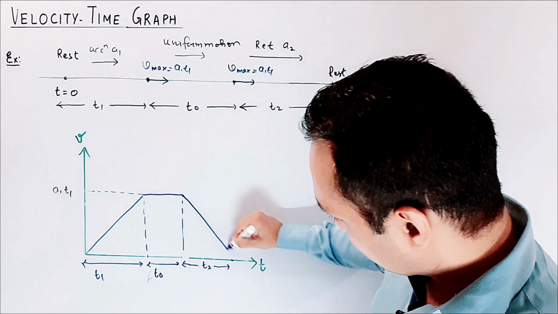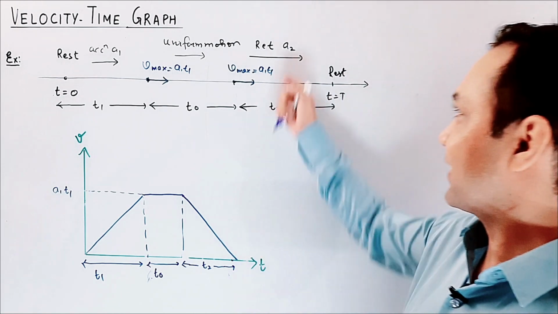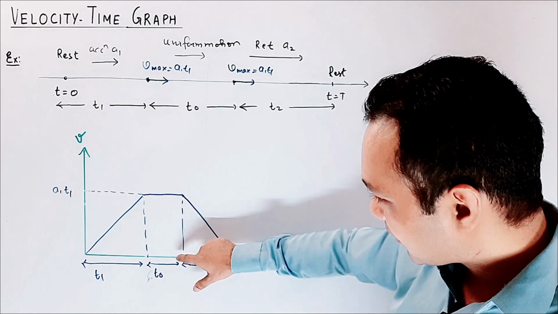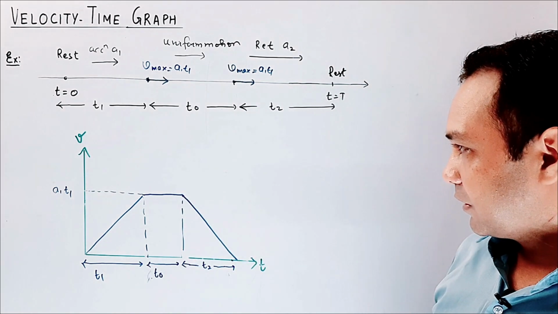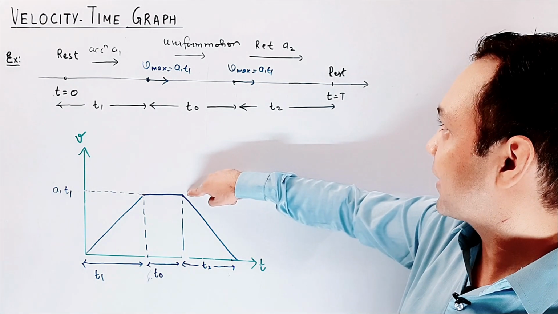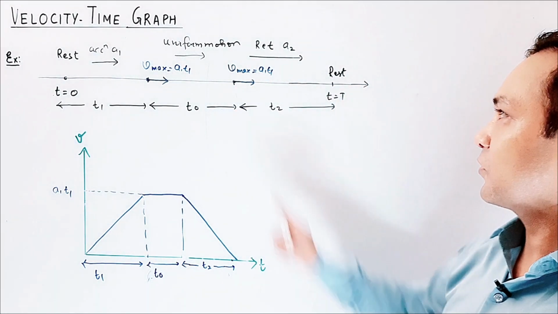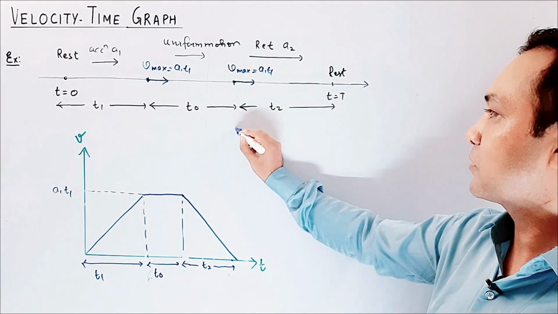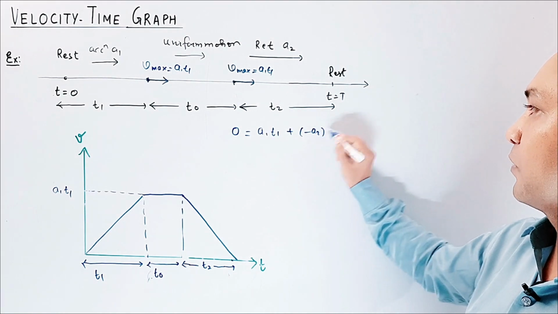So this is a straight line, and its slope is minus a2, because the acceleration is minus a2. The slope being minus a2 means a2 is a1 t1 by t2. So this velocity can also be written as a2 t2. From here, if you apply the first equation, this is the initial velocity, this is the final velocity, so you can write final velocity is 0, initial velocity is a1 t1, acceleration is minus a2, time interval is t2.